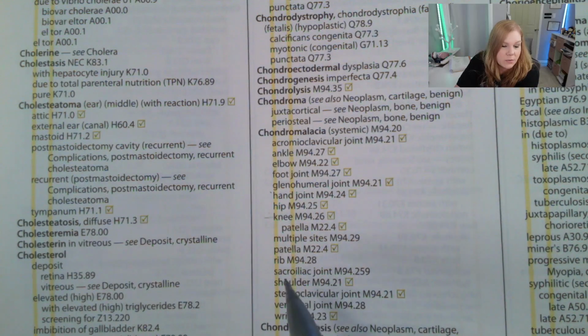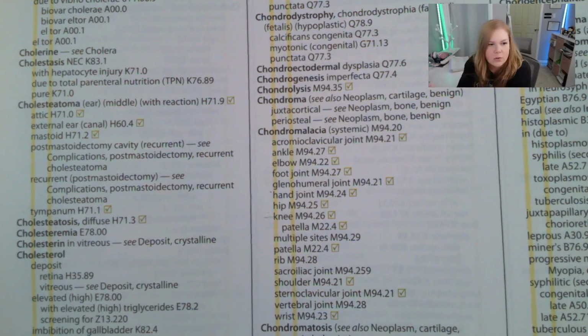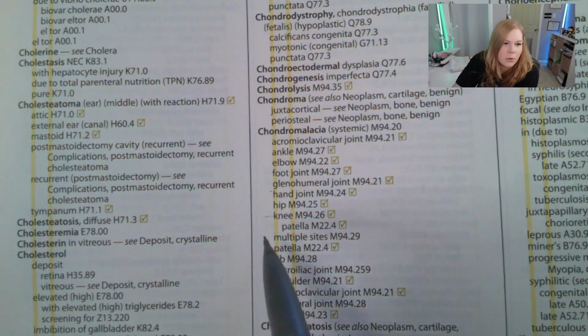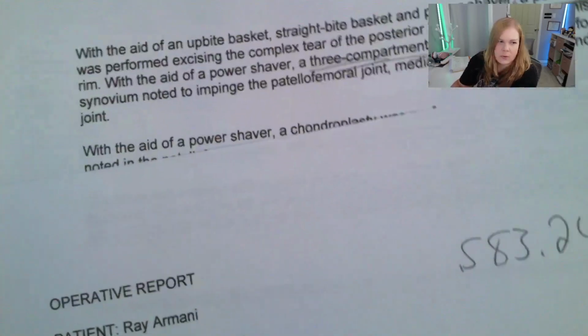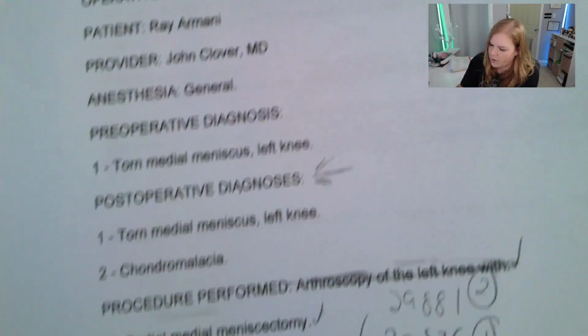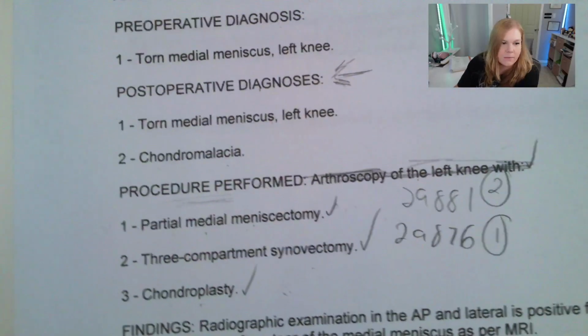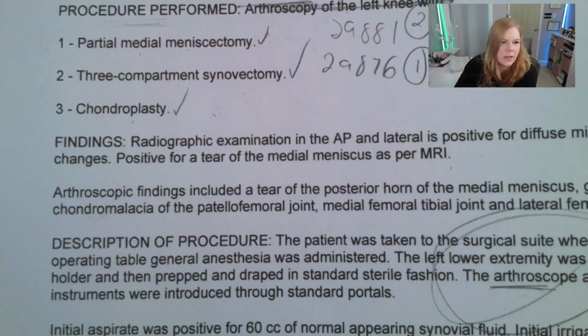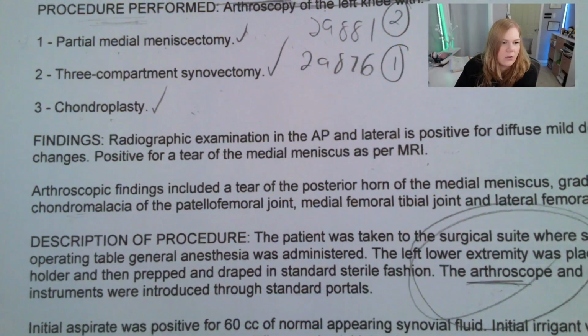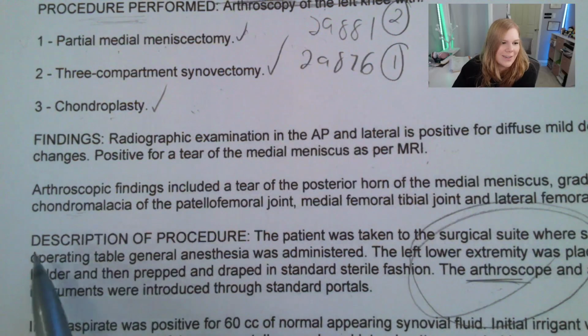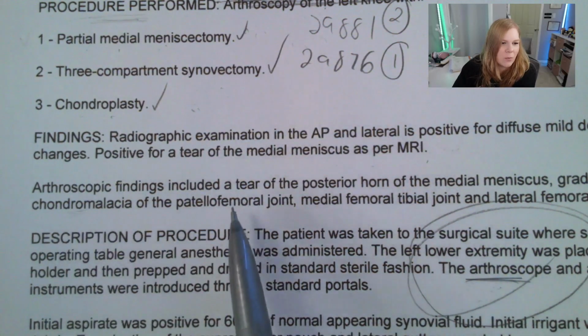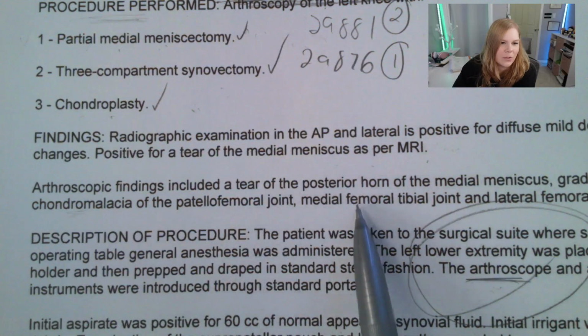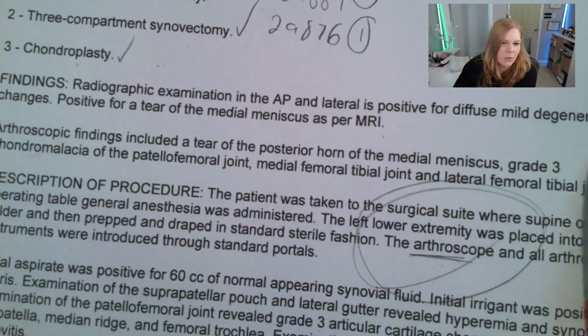Now, if we look here at chondromalacia, it breaks down and there is a knee, there's a patella, there's all kinds of different regions for the chondromalacia, and there's also one for multiple sites, which if we kind of take a little bit of a deeper look into this operative report here, remember what we had here in our findings? So the findings say chondromalacia, right, of the patellofemoral joint, medial femoral tibial joint, and lateral femoral tibial joint.